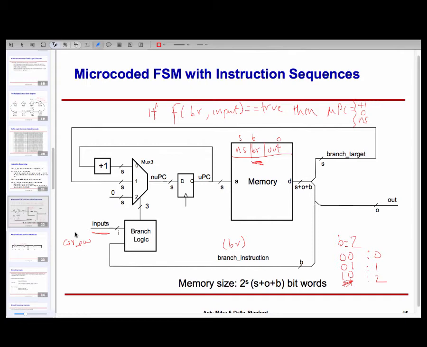Let's simplify it further. Let's say I want to achieve the goal that if car east west is 0, I want to stay put. No, you don't need another path. All you have is this. But remember, you have this branch logic. You can put any logic out here.